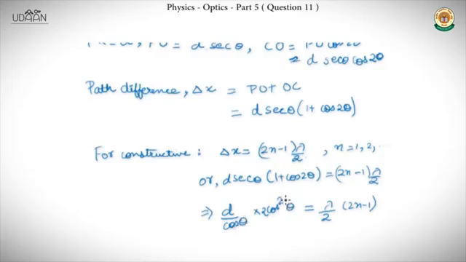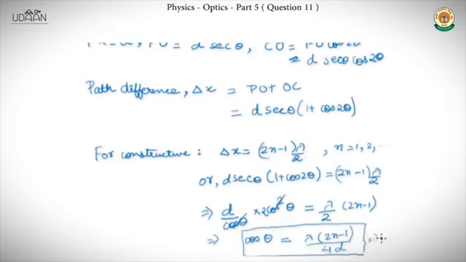By cancelling, we get cos theta equal to lambda (2n minus 1) by 4d, where n is 1, 2, 3.